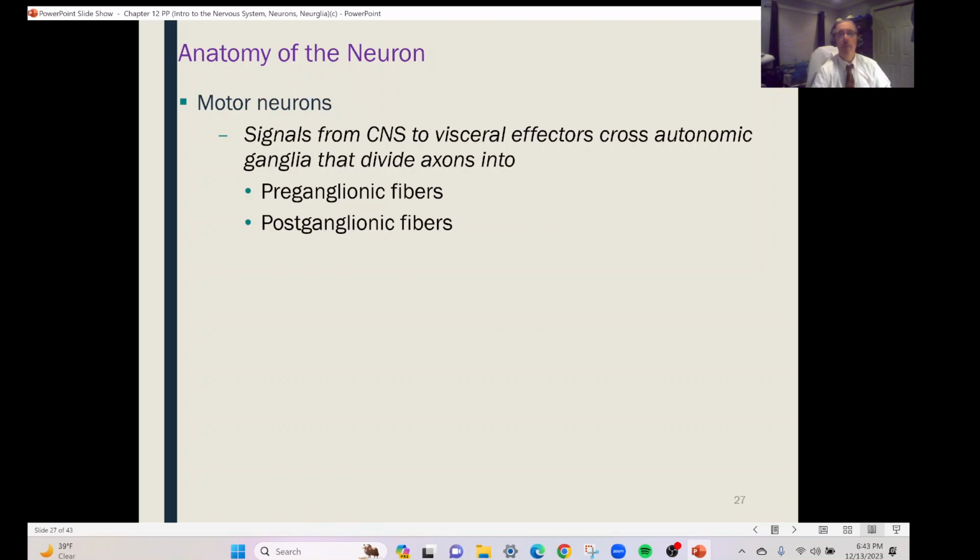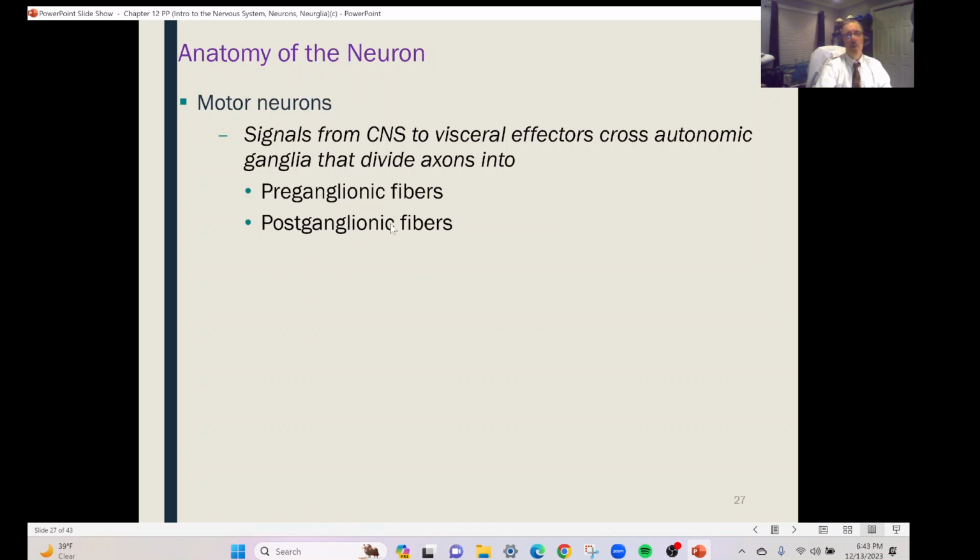Signals from the central nervous system to the visceral effectors, like the organs, are actually going to cross autonomic ganglia. And what that means is from the central nervous system, there's going to be a preganglionic fiber that's going to go into a ganglia. There's going to be a synapse, and now a postganglionic fiber is going to go out and go to the organs.